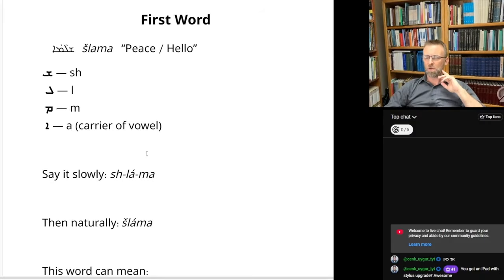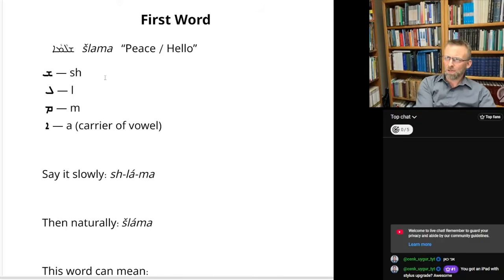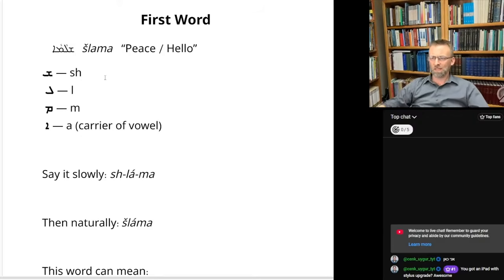So our first word, let's start here. We have shlama. And there are four letters that we're going to need. The first one is shin. You will recognize that from Hebrew and Arabic.